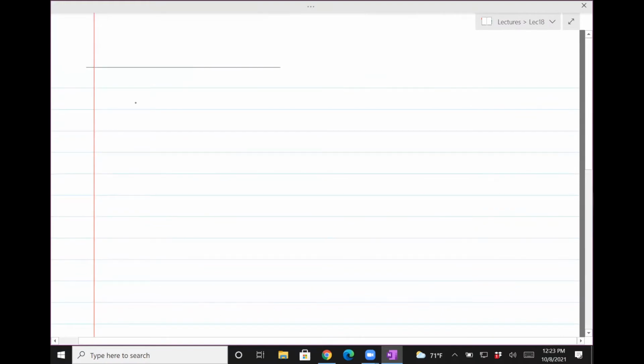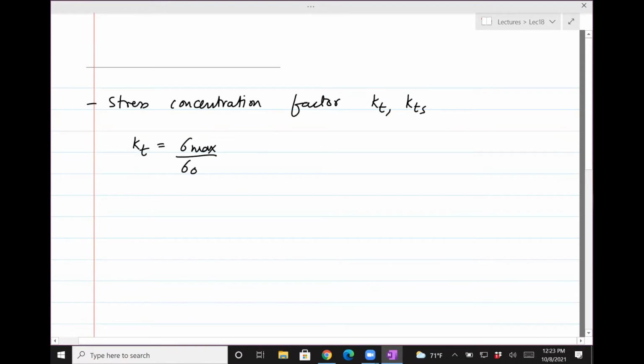So KT is sigma max divided by sigma 0, and I'll tell you what sigma max and sigma 0 are. Similarly, for shear stress, there'll be tau max divided by tau 0.